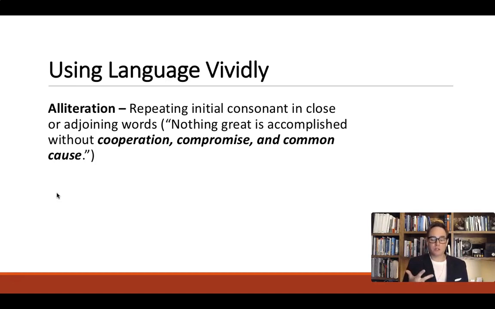So using those three words, all starting with that C, creates this vivid feel to the statement. So nothing great is accomplished without cooperation, compromise, and common cause. Right.